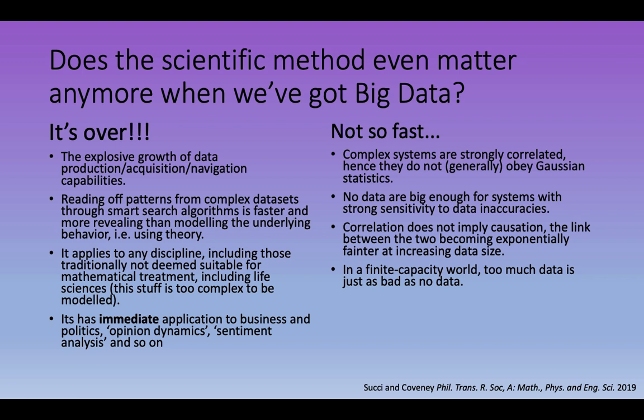We can also think about data in that there are no data that are big enough for systems that are really insensitive to data inaccuracies. So if we're basing everything on data, how good is the data that we're getting? How biased is the data? And if we don't have a good way of understanding how we're interpreting that data, it's been well documented that there are lots of ways that algorithms are biased. Just look at facial recognition algorithms and how they treat different racial groups.